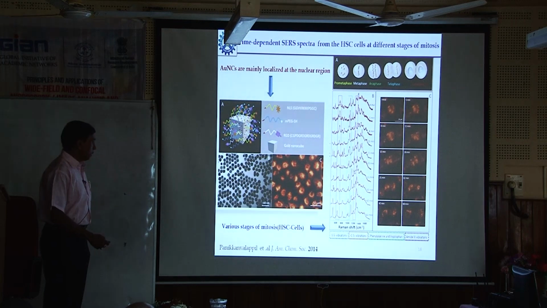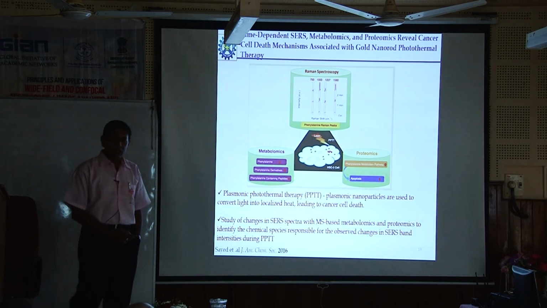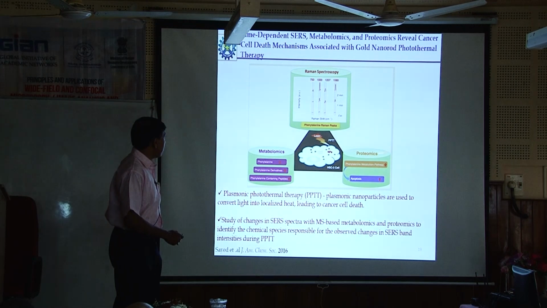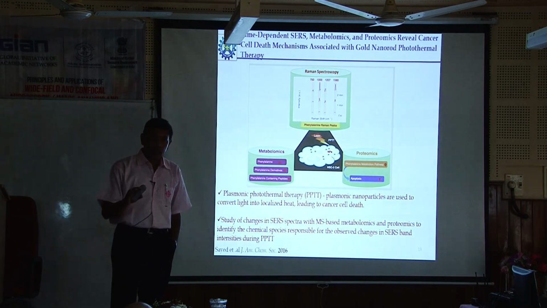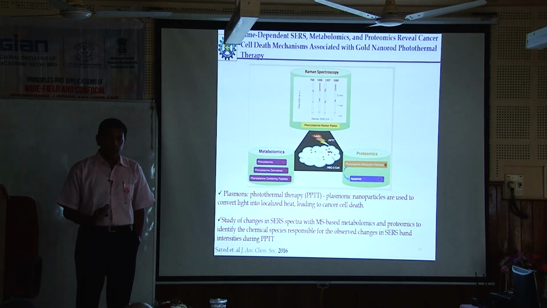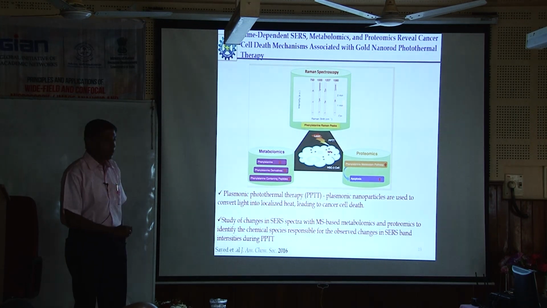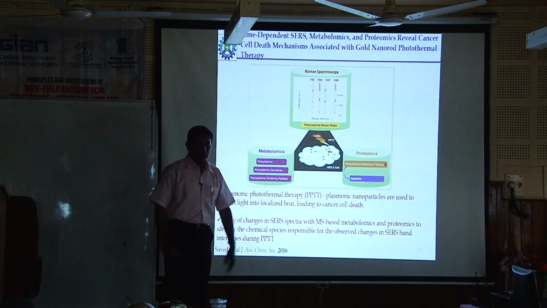So, this is one of the recent works, and there is one very recent work which I say is one of the fantastic things they have done, and that is also a photothermal therapy. In that photothermal therapy, they can translate Raman spectroscopy or surface enhanced Raman scattering in terms of metabolomics and proteomics.